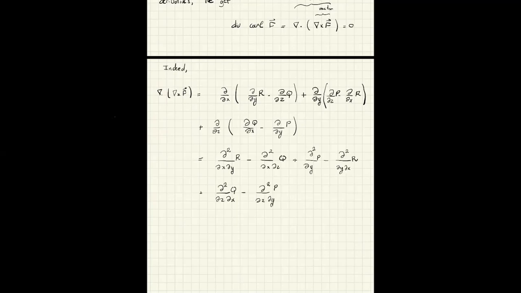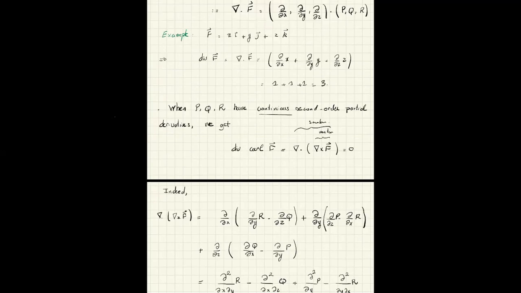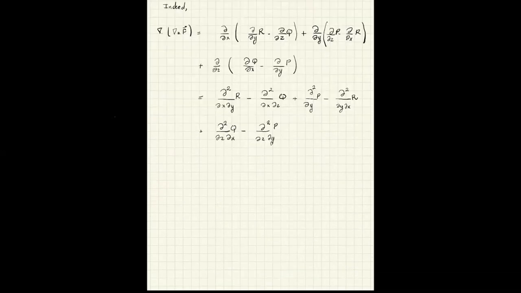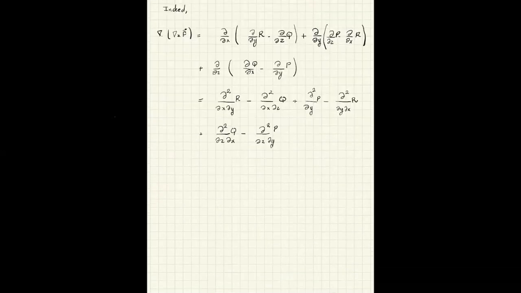The reason why we ask them to have continuous second order derivatives is because we can then use Clairaut theorems to conclude that this is exactly the same as this. The order doesn't matter.